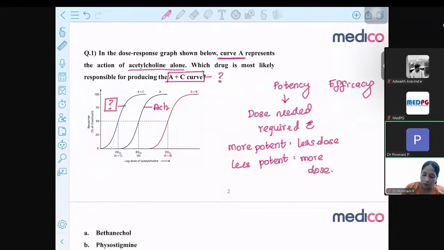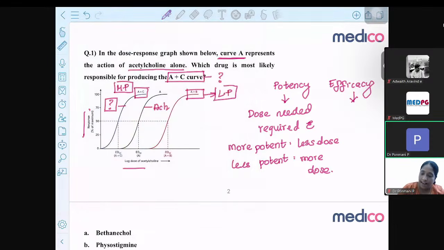So when you are seeing this dose response curve, what do you see? Which is more potent, graph A plus C or A plus B? It is always the graph A plus C which is more potent. The least potent is A plus B. But what is the meaning of efficacy?